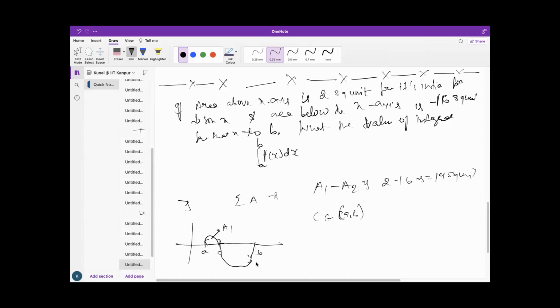This is our A1 and this is our A2. A1 is very small, 2 square units, and A2 is minus 16 square units, right? So our function could look something like this. I hope you all understand this.